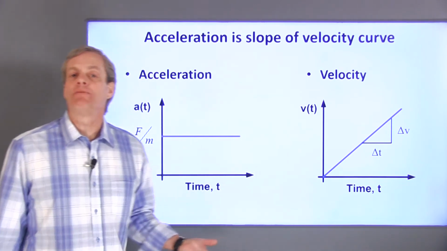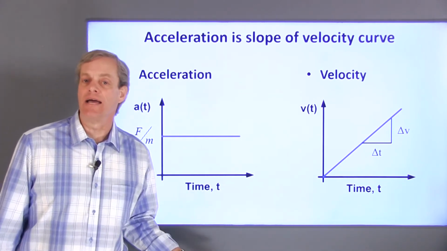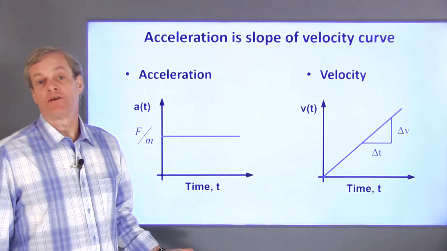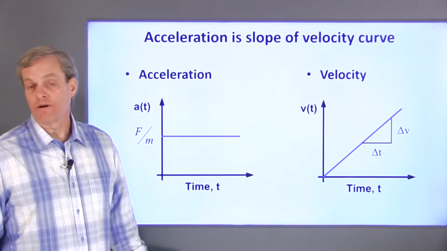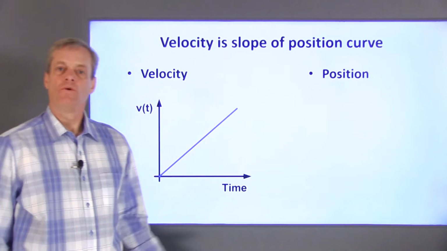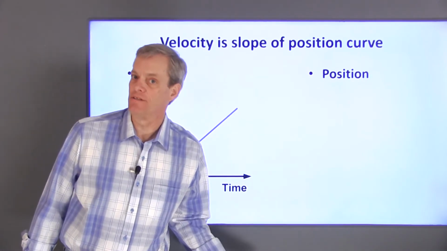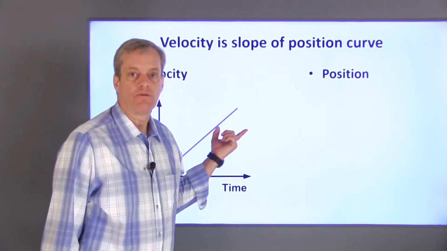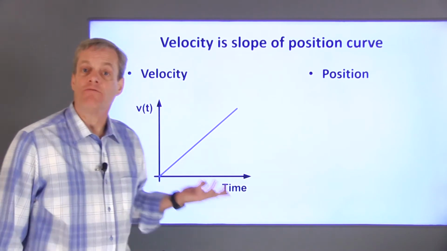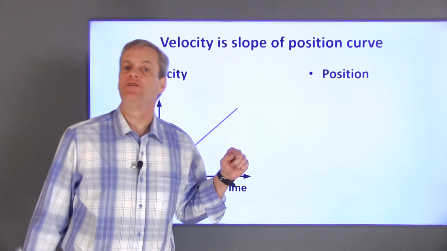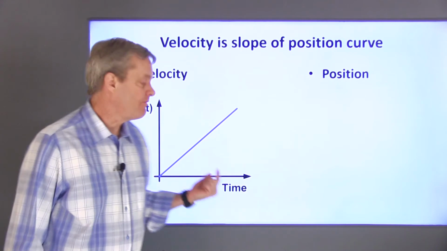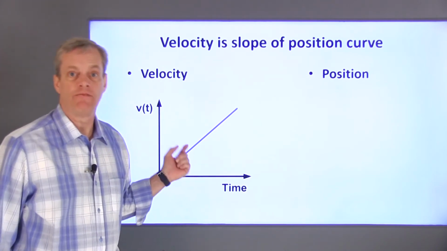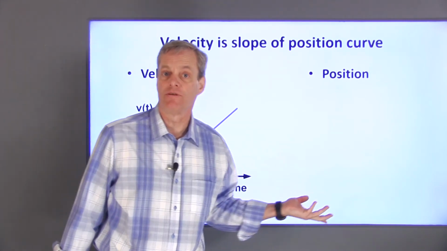Now let's see what happens when the rate starts changing with time. We can see this by looking at the cart's position, or how far the cart's moved. We've already seen that for a constant force, the velocity increases at a constant rate. The velocity is the rate of change of position with time, so the value of velocity here will give the slope of the position curve.